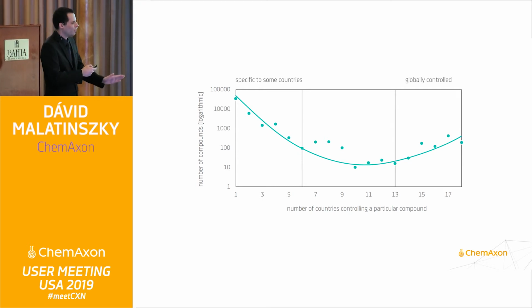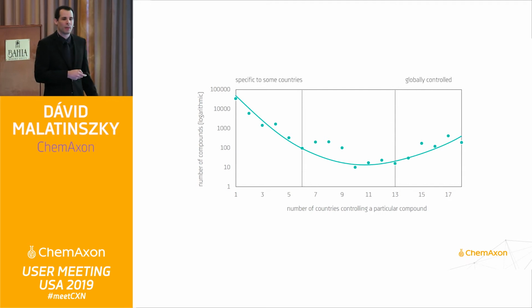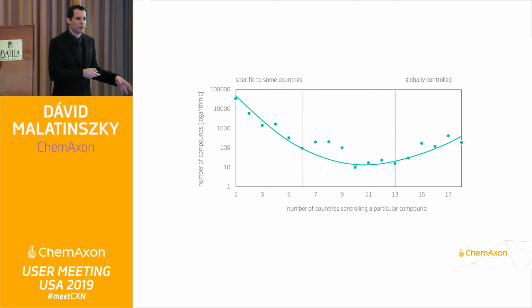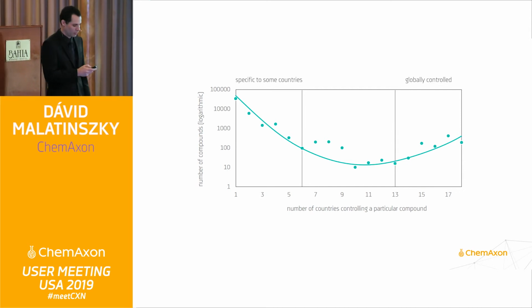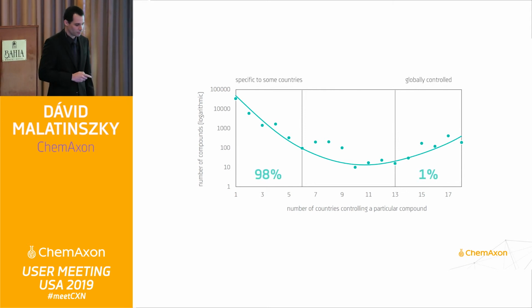And on the opposite side, you can say that these compounds are controlled by 2/3 of the countries, so these are more or less globally controlled. So these are the global controlled substances.